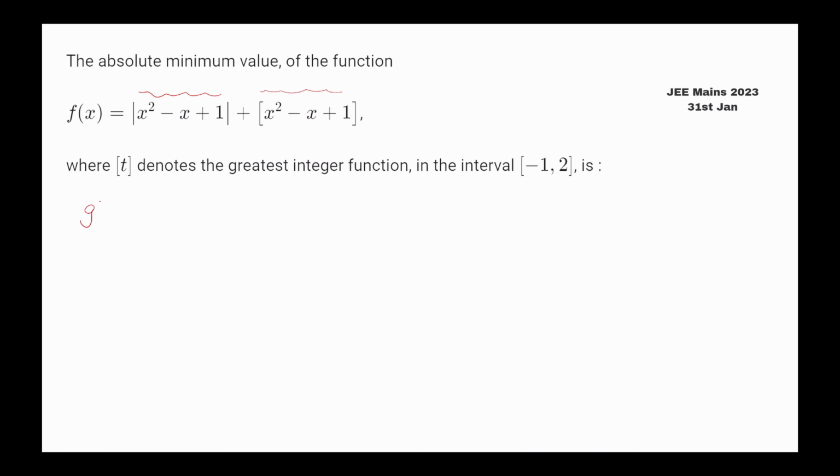So let me assume a variable as g of x and let me assume this variable to be this. What I'll do is try to find out the minimum value of this function, because since both these functions are getting added, I need to put the minimum value here and the minimum value here. So if I find out the minimum value of x square minus x plus 1, that is the value that we will put there and we will get the minimum value of our function, right?